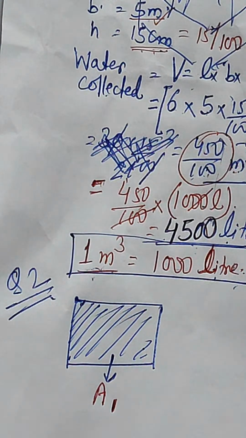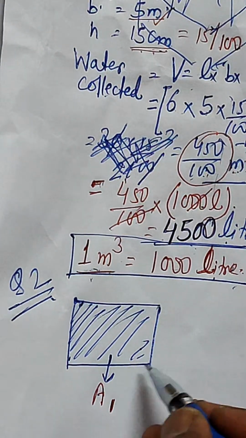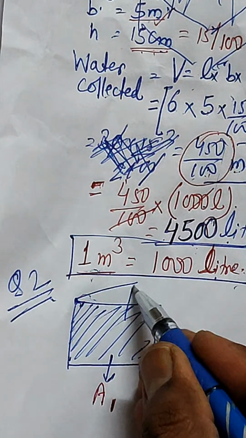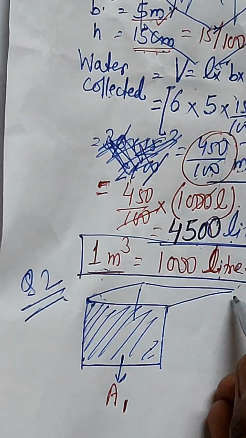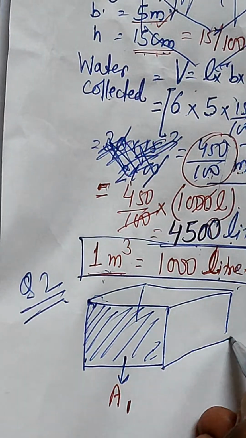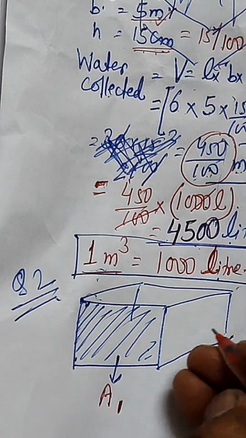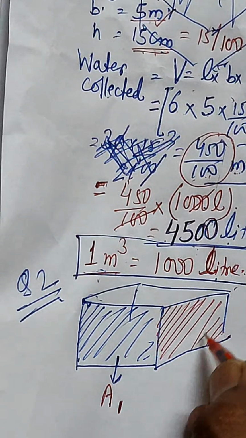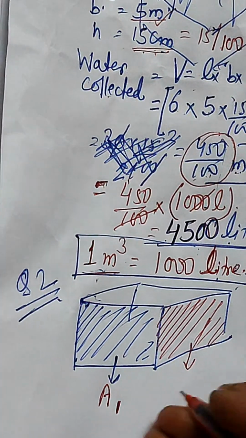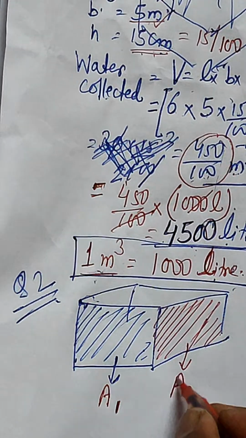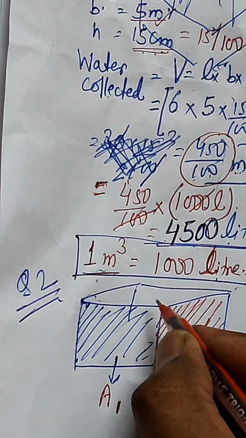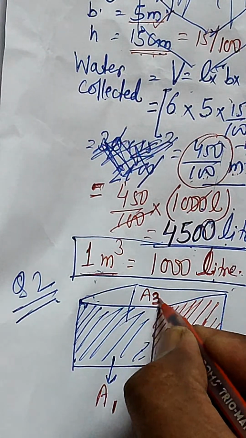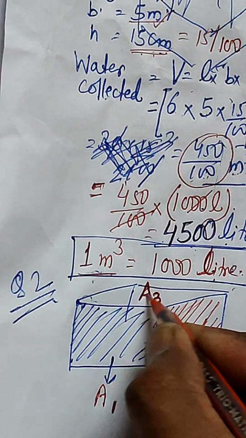Area of its another face is a2, this face, let's say it's a2, and the third face on the top you can see it's a3, right?